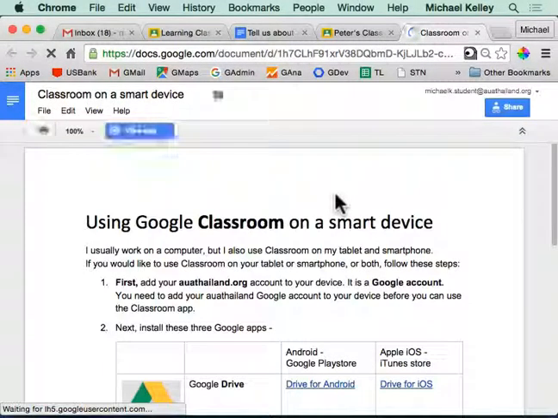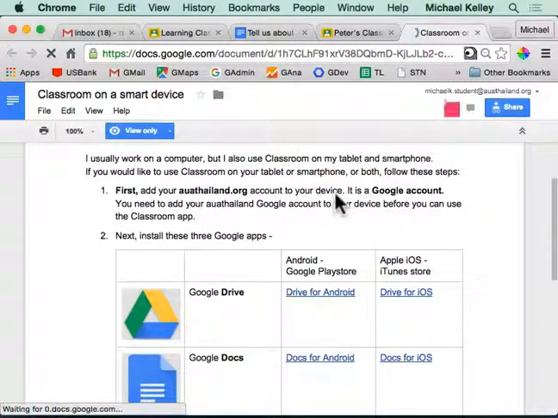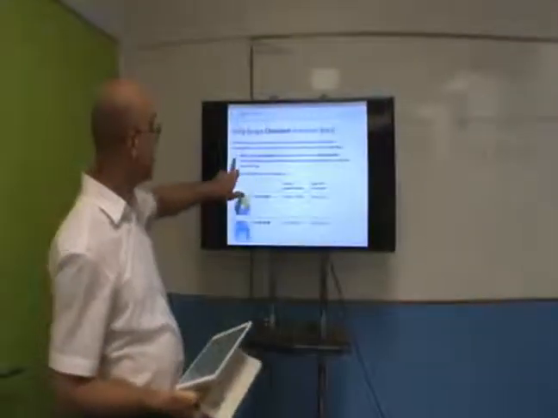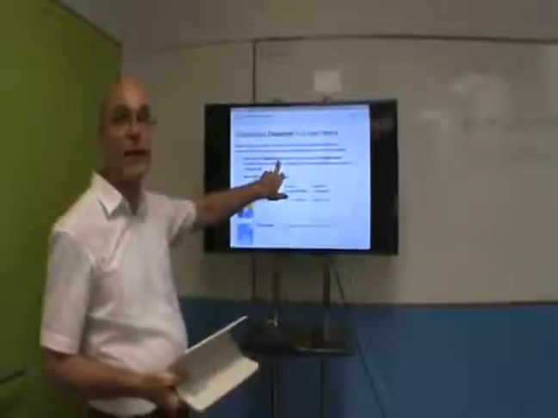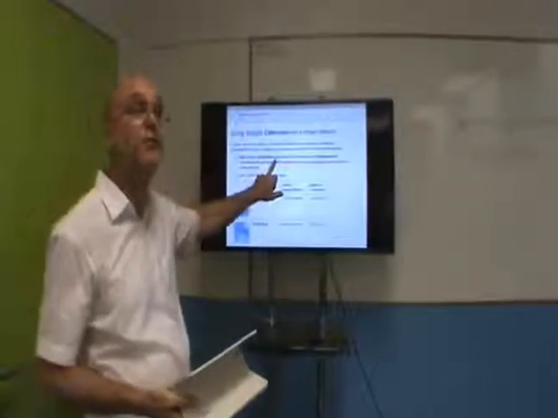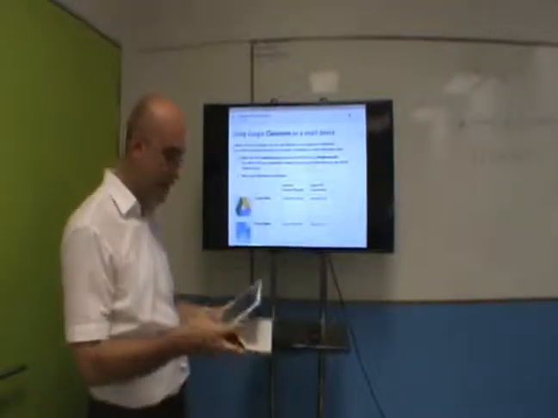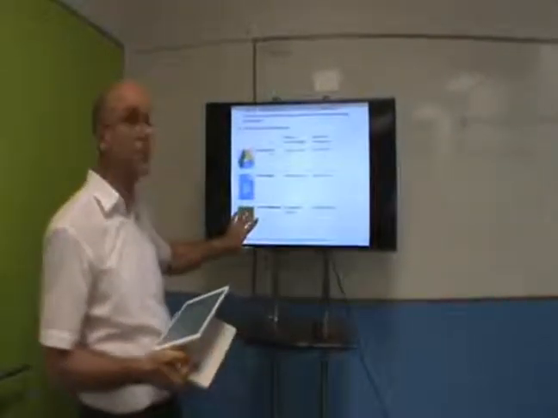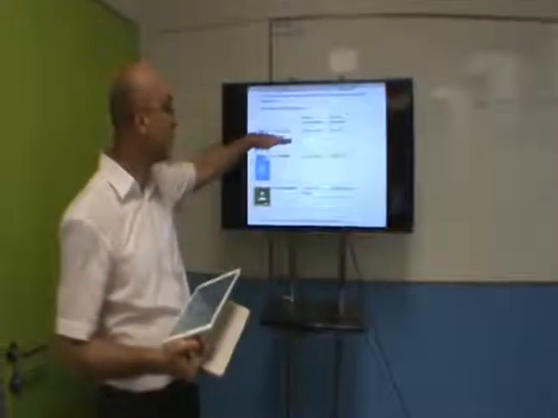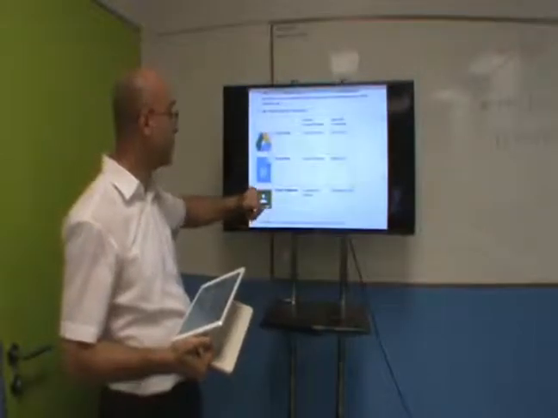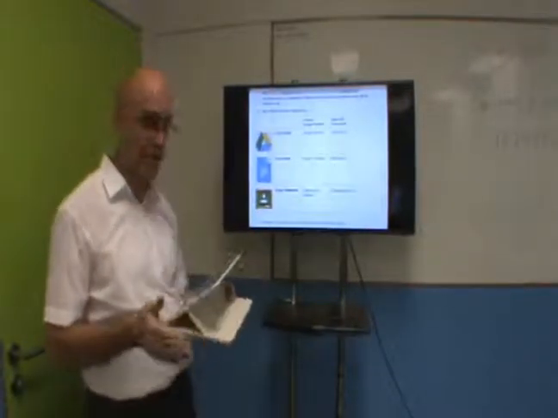And on the first day of class, I ask them to put AUA Thailand on your smart device. It needs to be clear, you have to add the AUA Thailand account to your device before you can add the Google Classroom account. Okay, so you need these 3 apps, but add the AUA Thailand account first.